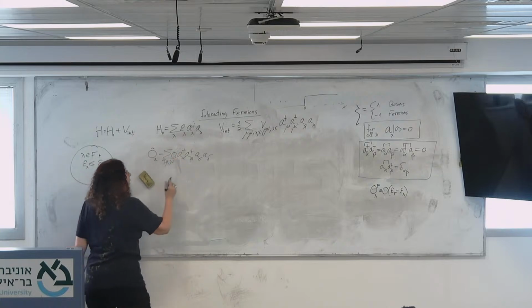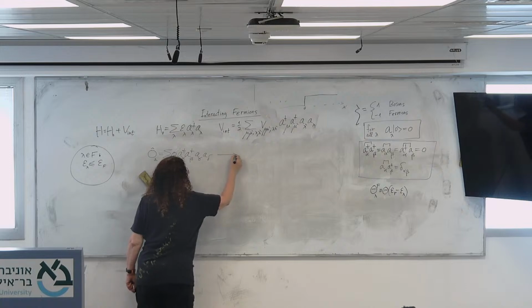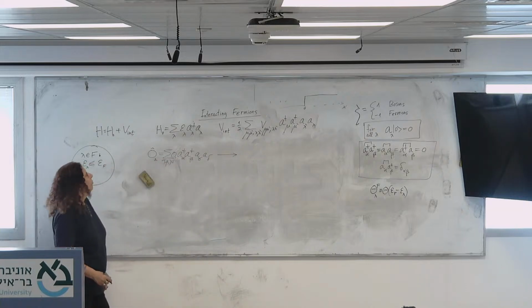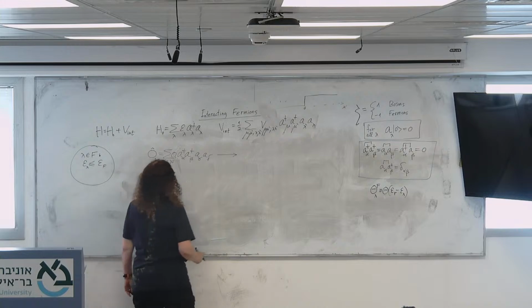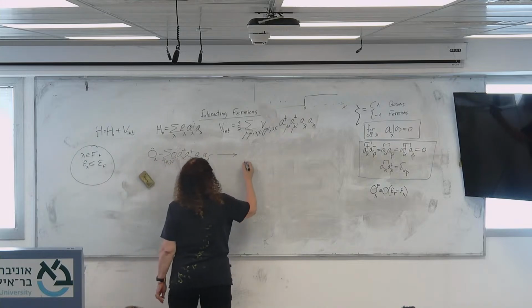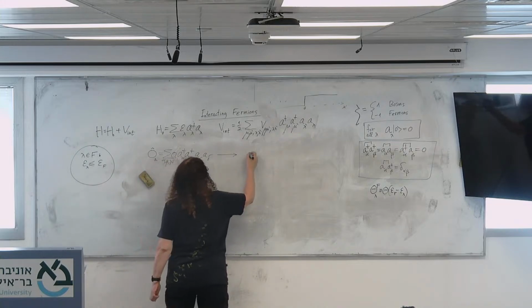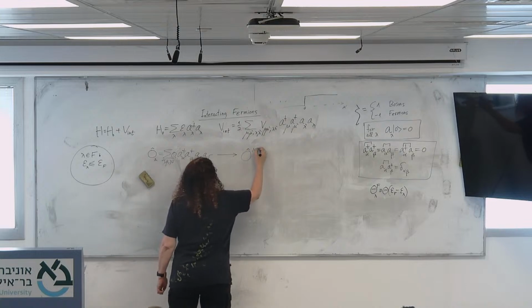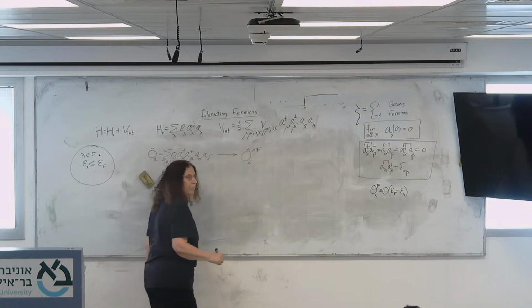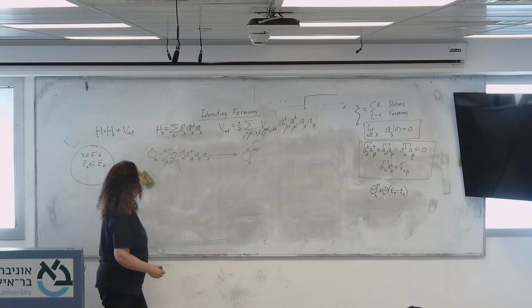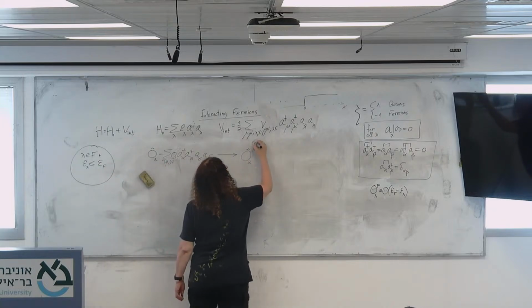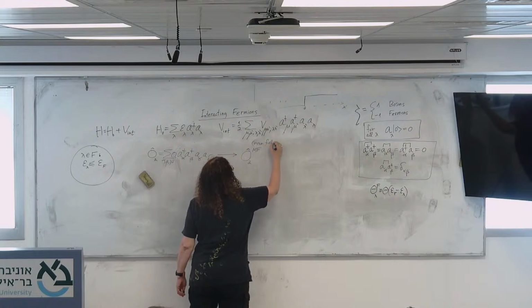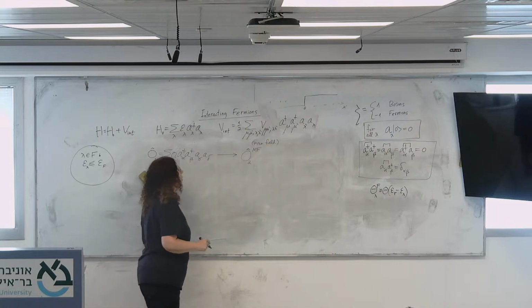Okay. Now, I'm making an approximation. And I'm claiming that I can replace it by a mean field version. Okay, MF stands for mean field. Where the idea is the following.